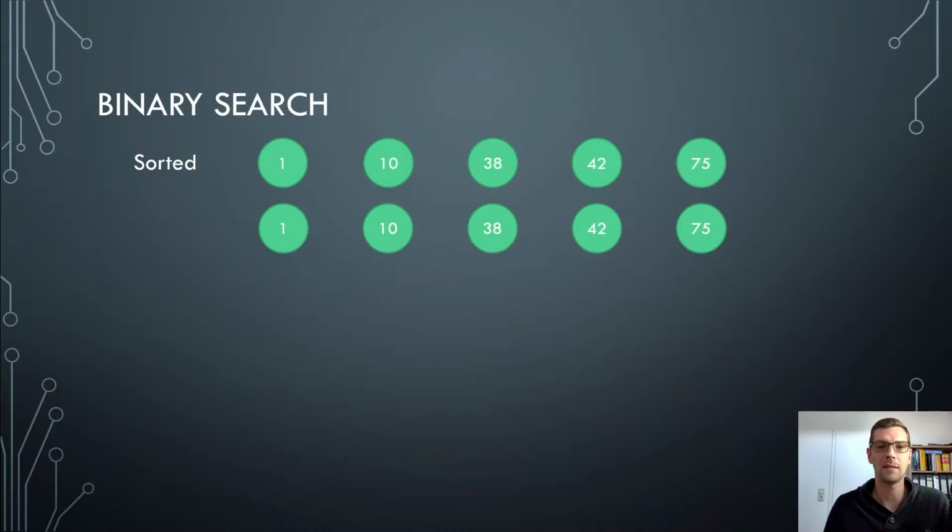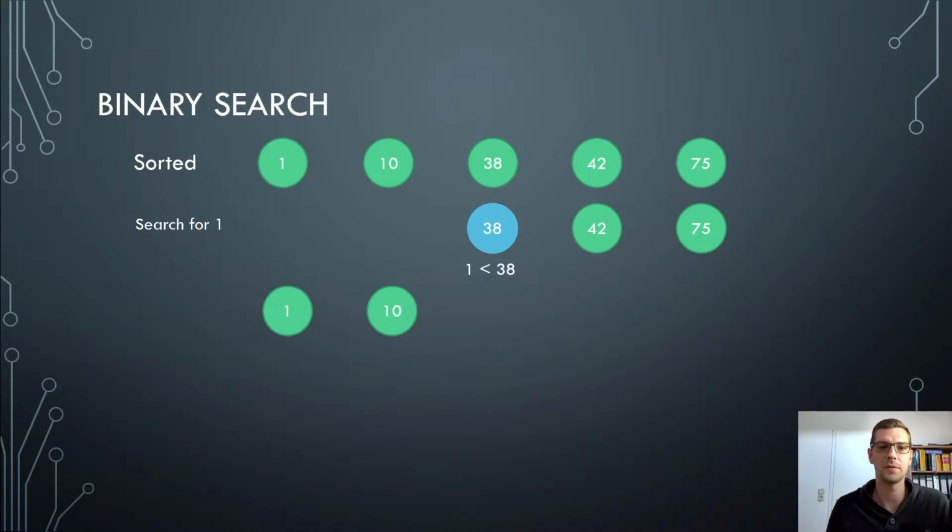Then we go to the middle element and look at the 38. We search for the 1, and we compare the 1 with the 38 and see it is smaller. So now we know that we have to go on the left side of our array, left of the 38. So now we just have to look in the array of the 1 and 10 if our 1 is included. So we take these, and again we look in the middle.